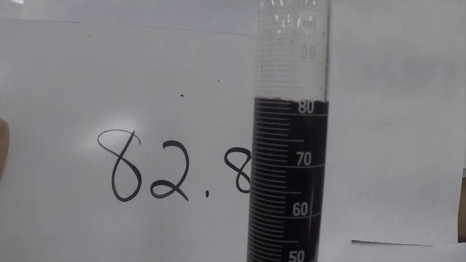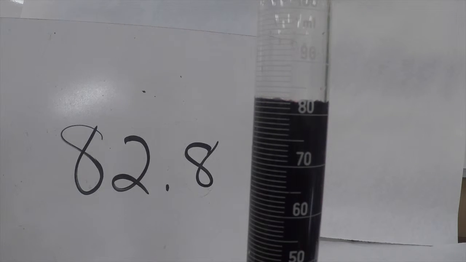You didn't get as many significant digits as you could get. Instead, it should be 82 point, and then we're going to make a little estimate. As I look at that, I would say it's probably 82.8. So that's our measurement that we want to go with, 82.8, because I can measure this thing to the nearest tenth.